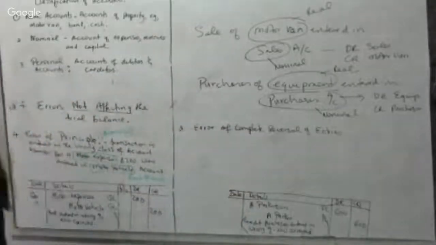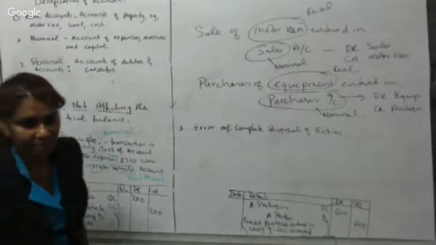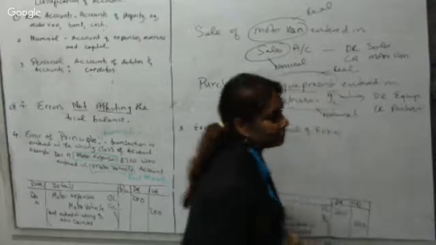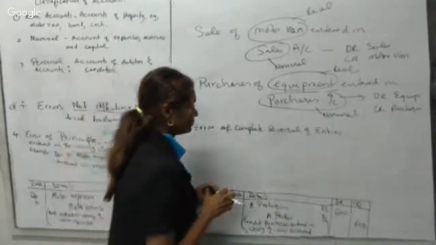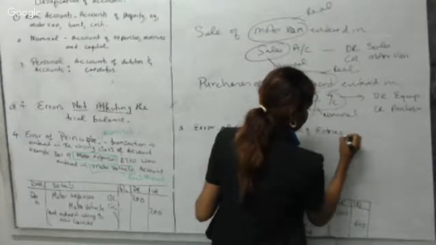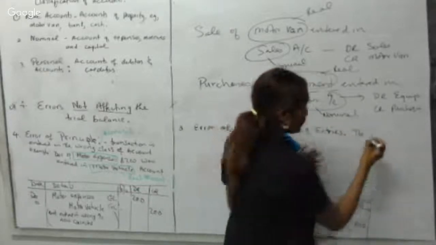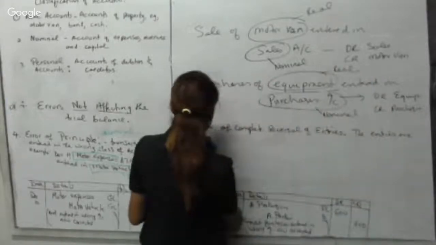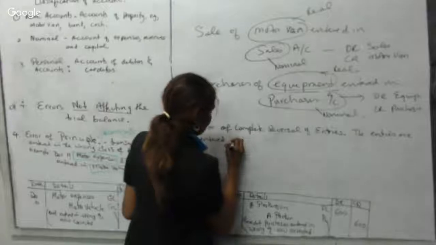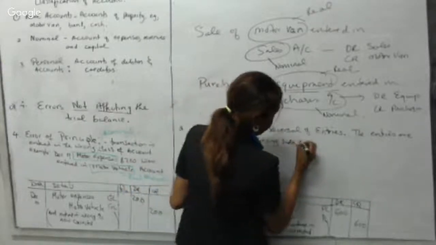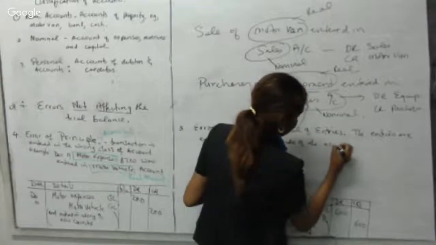The account where you're supposed to debit, you credit, and the one where you're supposed to credit, you debit. The entries are entered on the wrong side of the account.